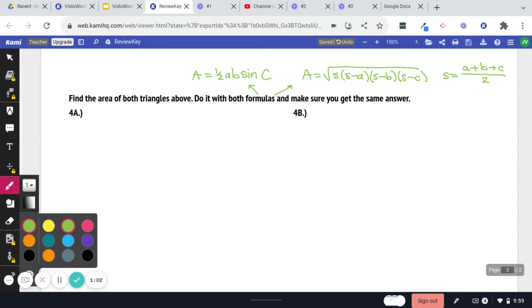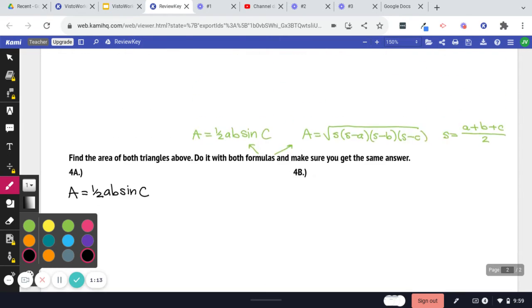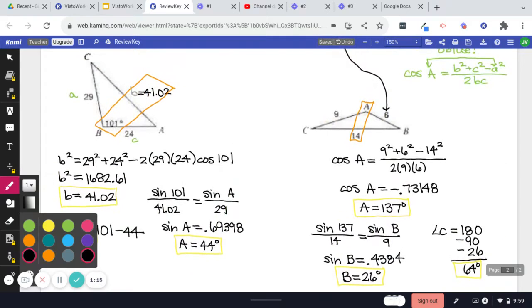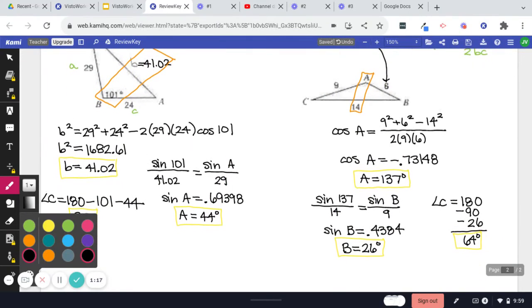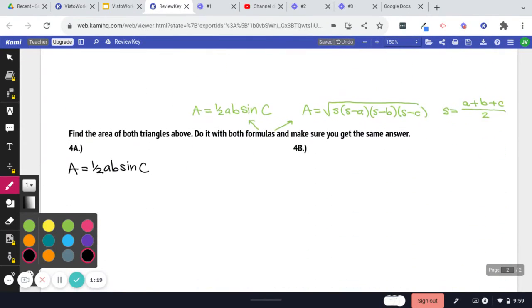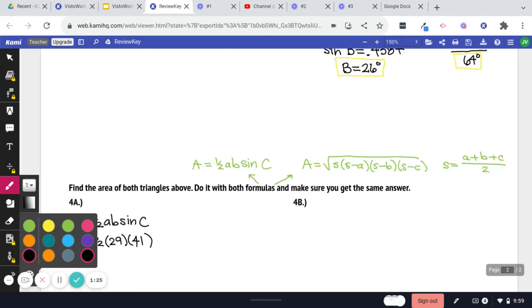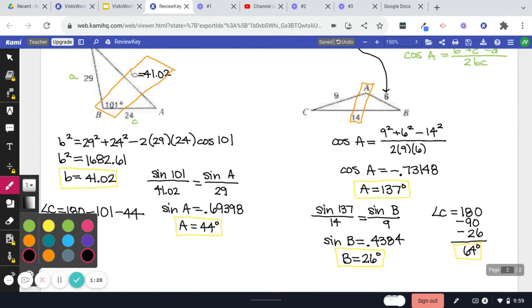Okay, so here we go. I probably need some information, but I'm just going to dive in. So area of the first one, 1/2 AB sine C. Side A was 29 and side B was 41.